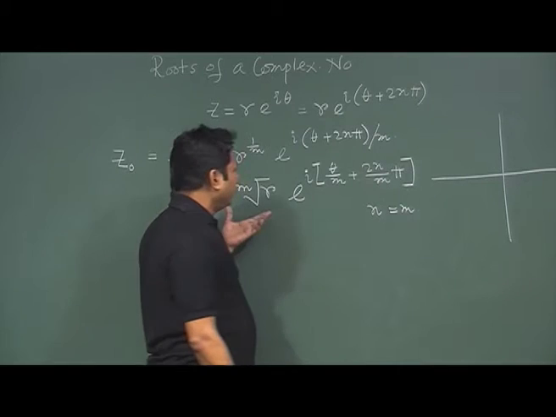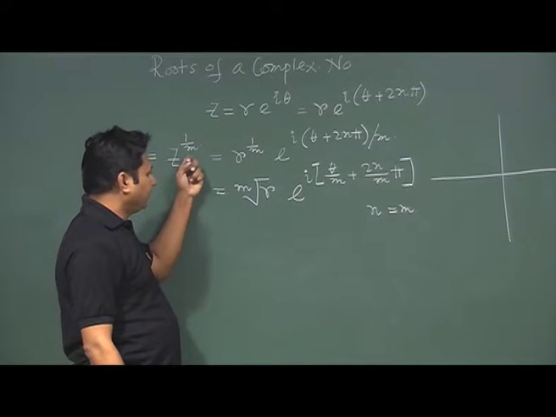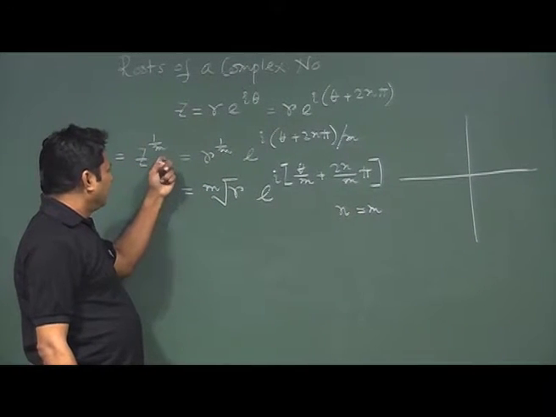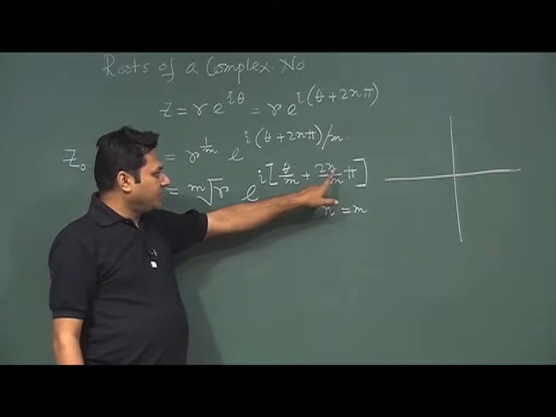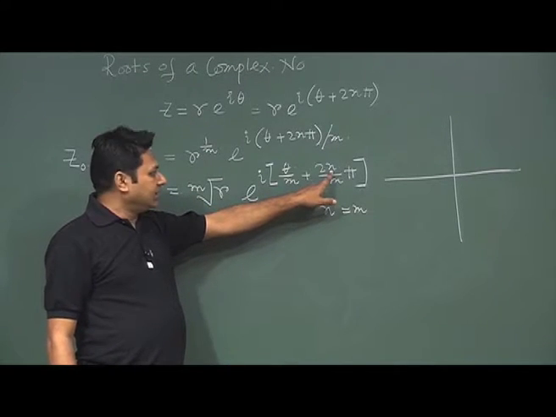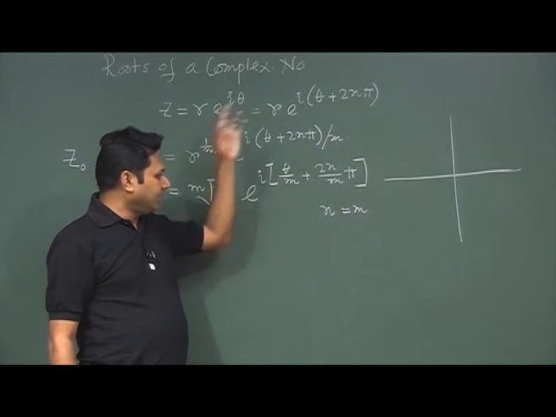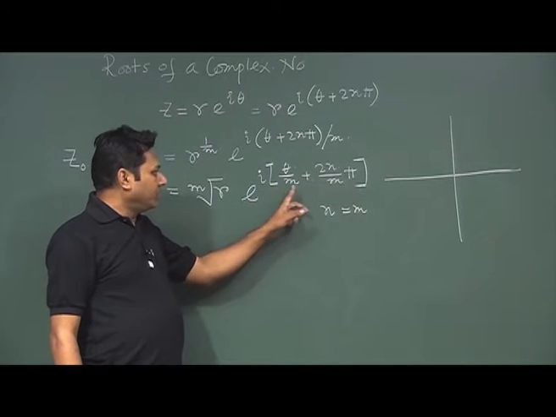So, how many roots will you find for m? If m is one single value, then because n is changing, you will have in fact an infinite number of points with the value of n.